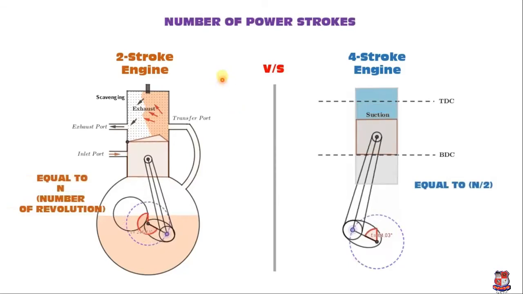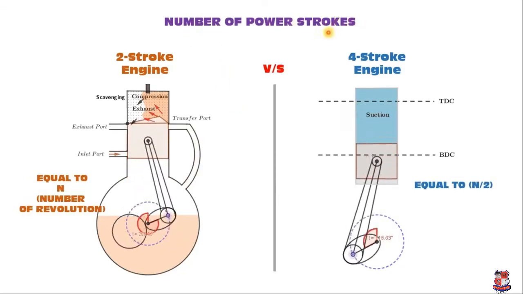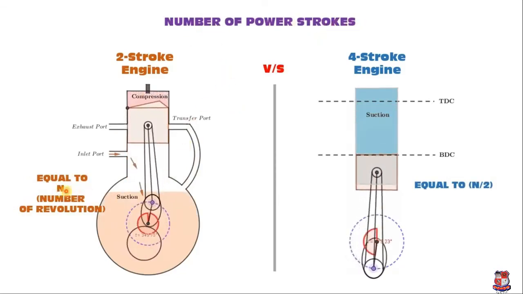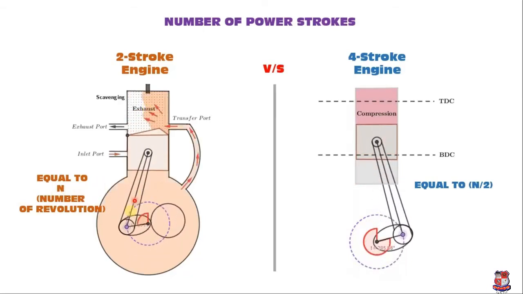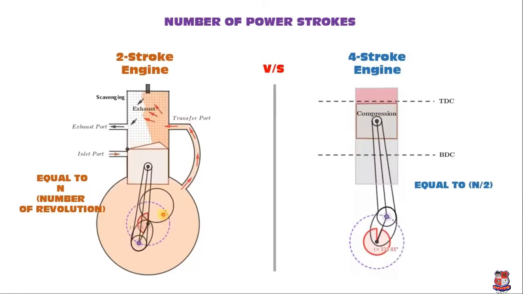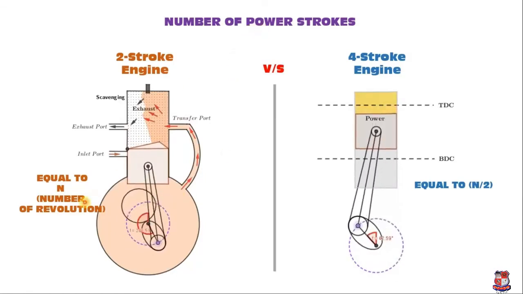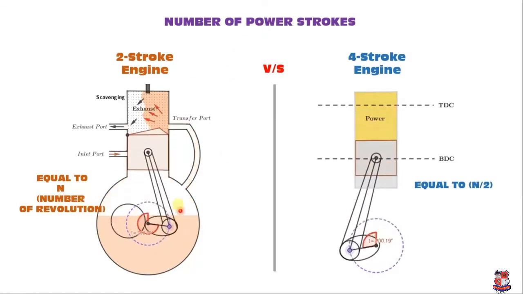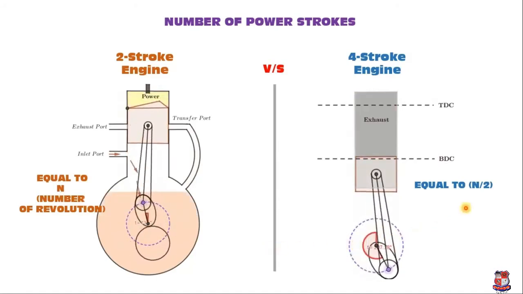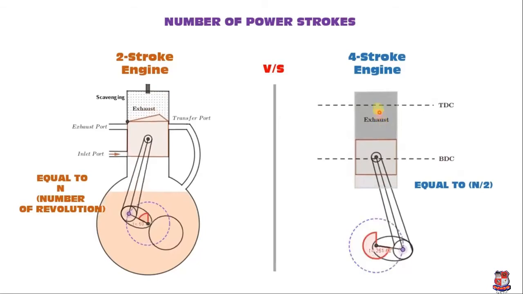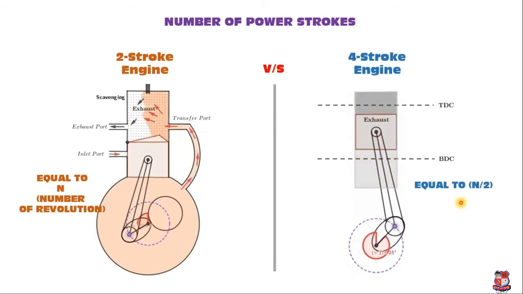Then number of power strokes. Okay. In 2-stroke engines we have seen that the power is generated in each revolution. So number of power strokes will be equal to number of revolutions of crank. While in case of 4-stroke engine, power is generated in alternate revolutions.